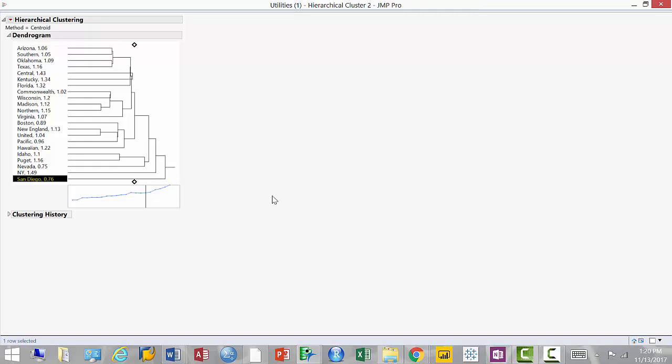So number 1 is how many clusters you realistically can handle for whatever purposes you're creating clusters. Number 2 is, do I want clusters that are kind of overlapping with each other? In other words, I can classify people either to cluster 1 or cluster 2 because these are very close. No, I don't want that. Because if clusters are very similar, if their centers, so to speak, are very close to each other, how do I distinguish them?